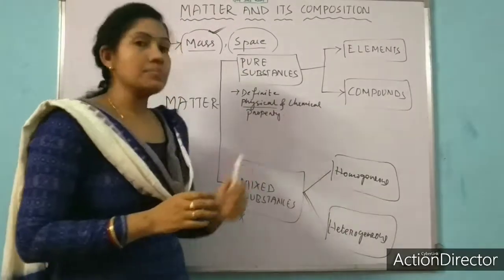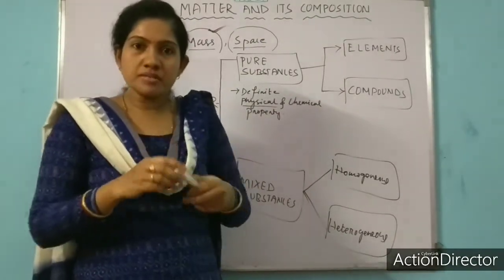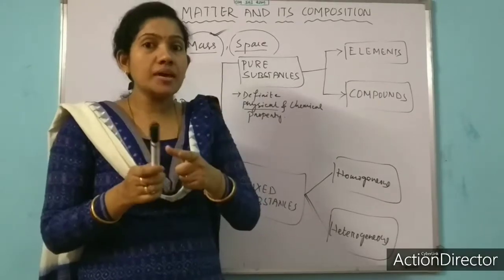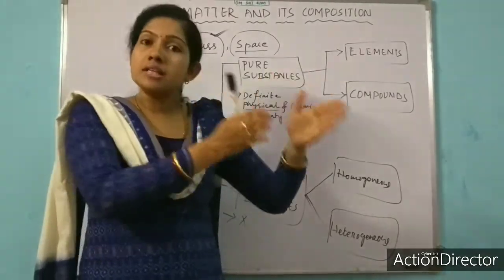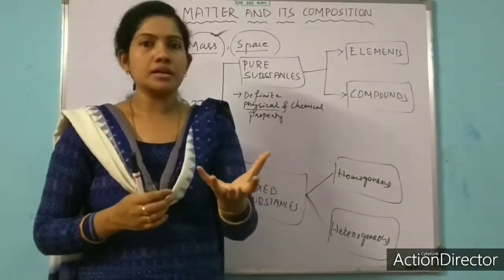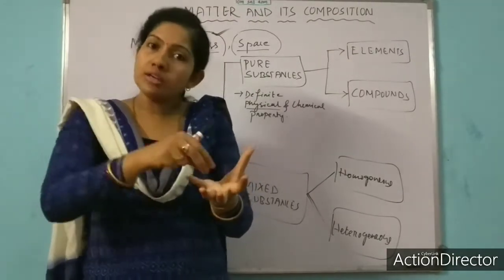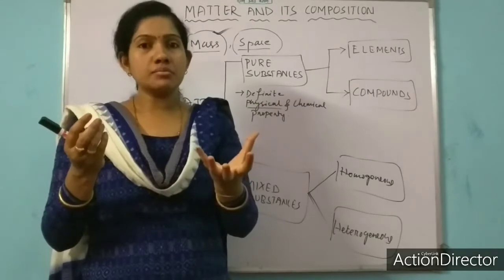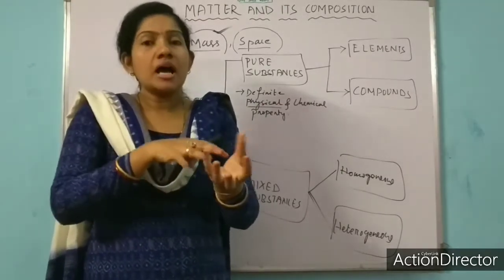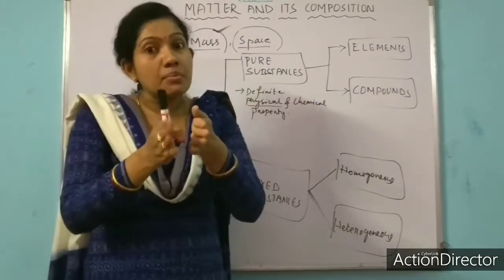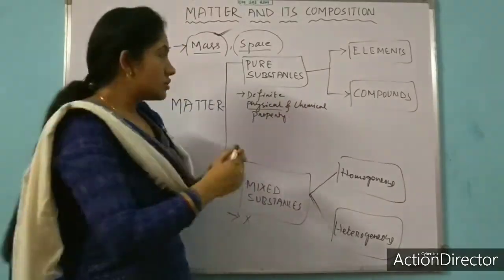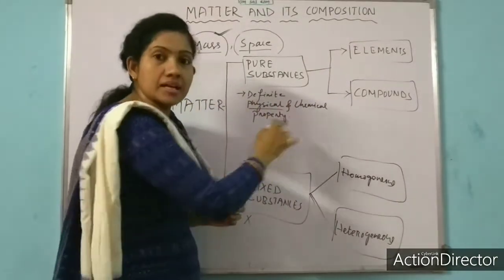That is what we call chemical behavior: how it behaves with other substances. If you take water, what is its chemical behavior? If you add some salt or other chemicals in water, how will it behave? That is the chemical behavior of water. So this is all about physical property and chemical property.